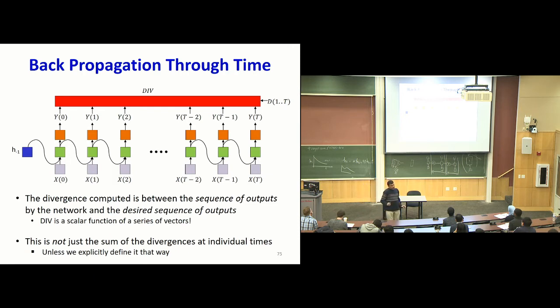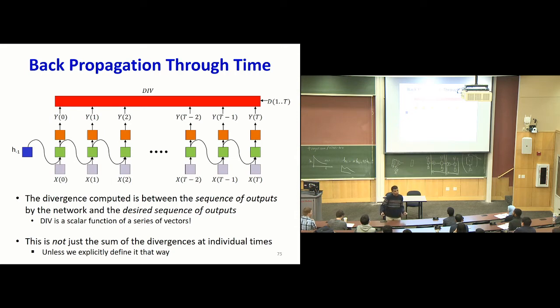So for example, if I were trying to perform speech recognition, the output is going to be a sequence of words. The desired output is going to be a different sequence of words. And if you try to compute the error between these two sequences, you're going to have insertions, substitutions, and deletions. They are not one-to-one aligned, right?